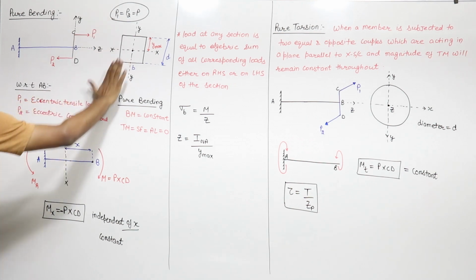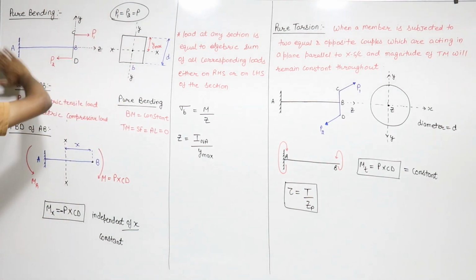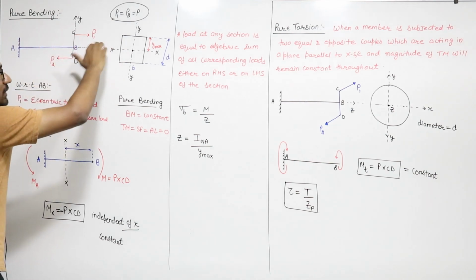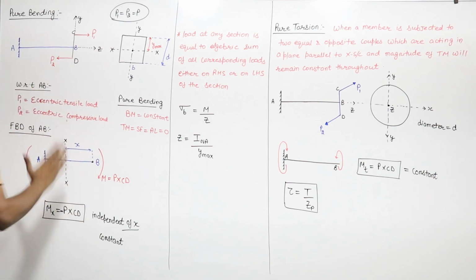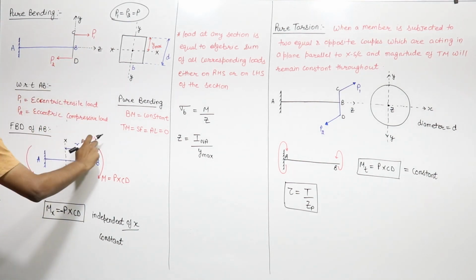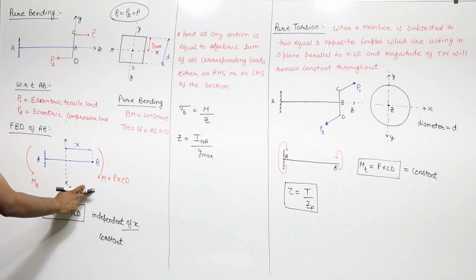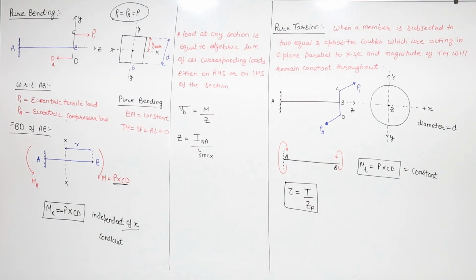Because this couple is in the plane of the board, which is along the longitudinal axis and perpendicular to the plane of the cross section. So the bending couple given by P1 and P2 has the value P into CD.